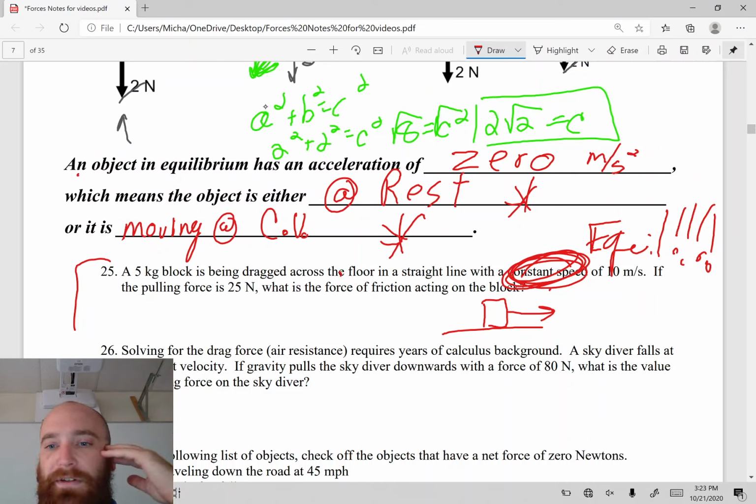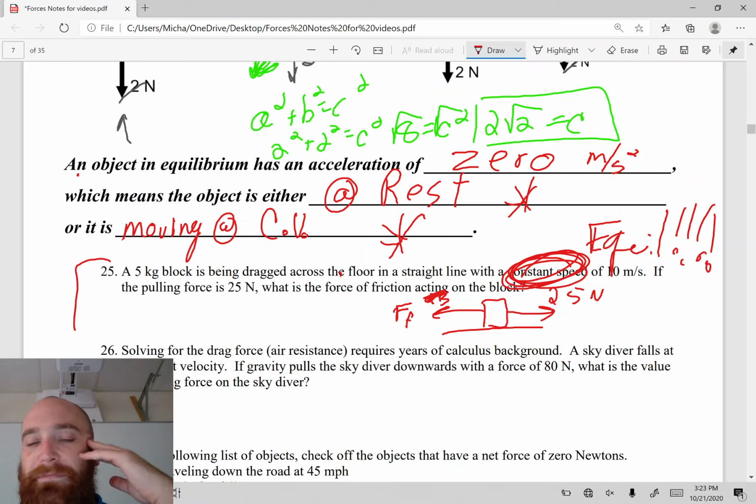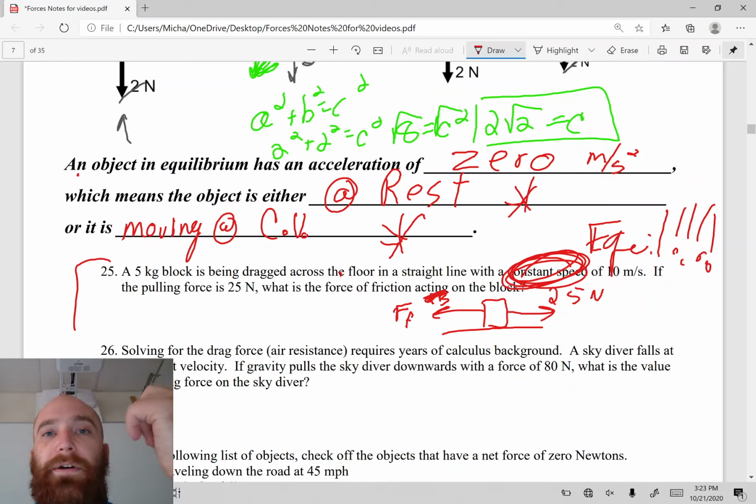If the pulling force is 25 newtons, what is the force of friction? There are, oh no, I ruined the whole thing. There are equations for friction. They can be a little complicated. We haven't learned them. But we care about equilibrium because look at how simple this problem was. Once we realize it's in equilibrium, we know that if it's 25 forwards, it's 25 backwards. Done.